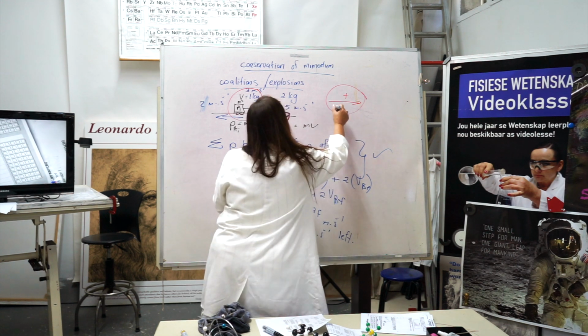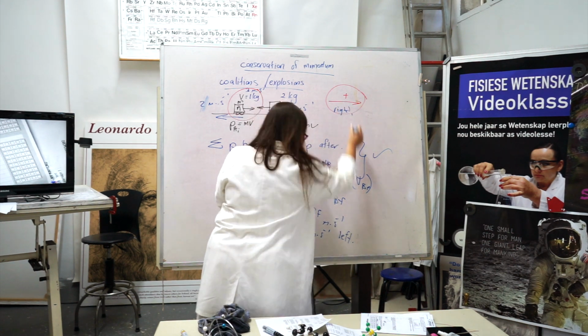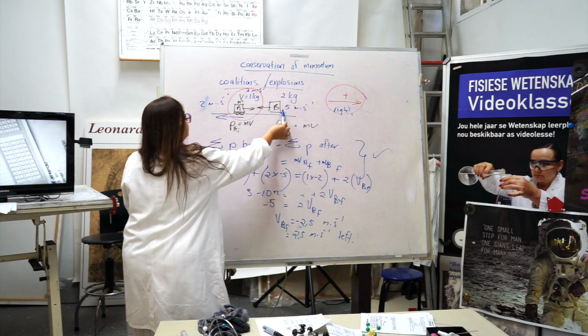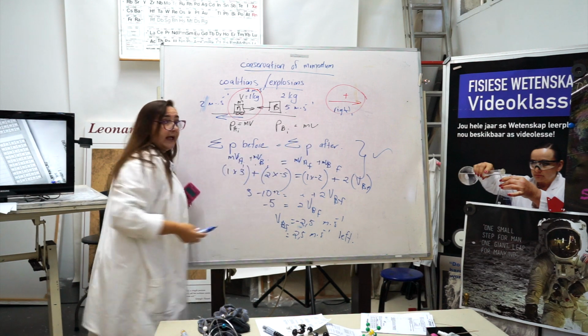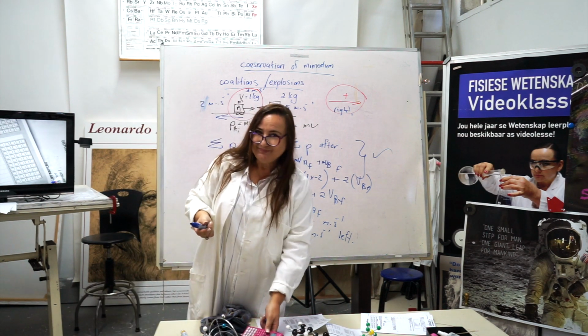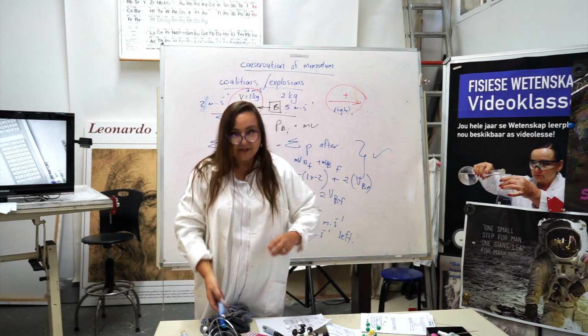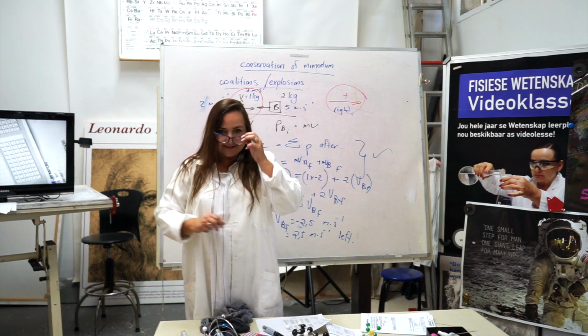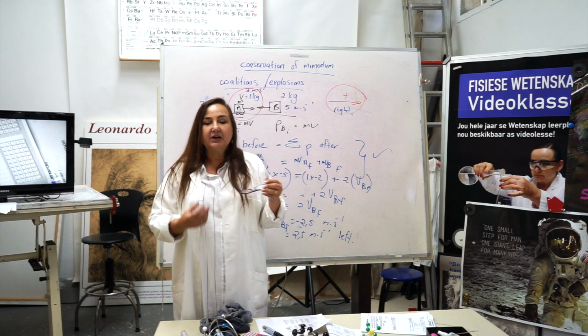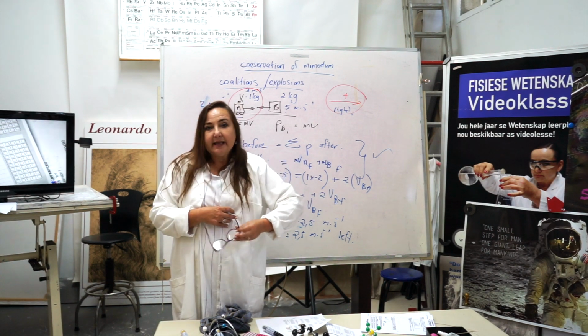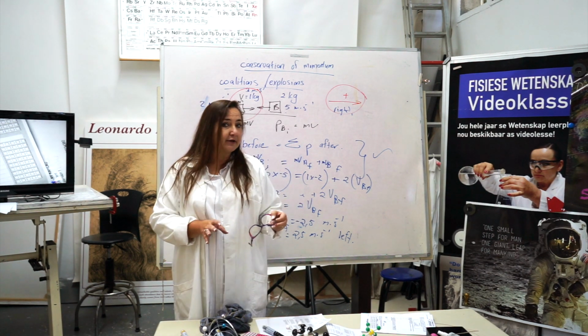If I chose right as my positive, that means that it will keep on moving in this direction. It's not going to bounce back as I thought, and that's why I get a minus for my answer. Alright, so that is the conservation of momentum during any collision or explosion.